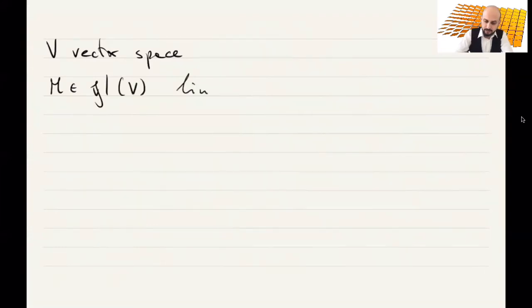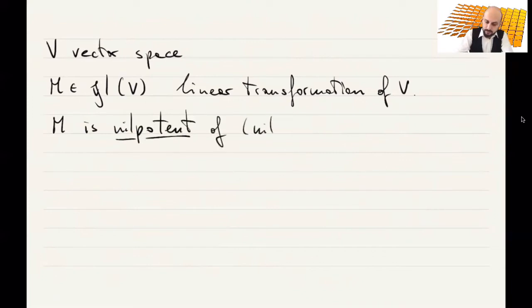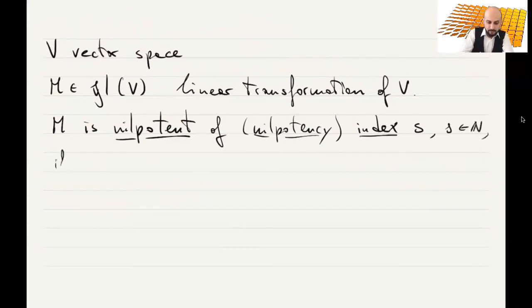I recall this is just notation to say that this is a linear transformation of V, so a linear map from V to V. Then by definition, M is nilpotent of nilpotency index s, with s in N, if the s-th power of M is equal to 0.